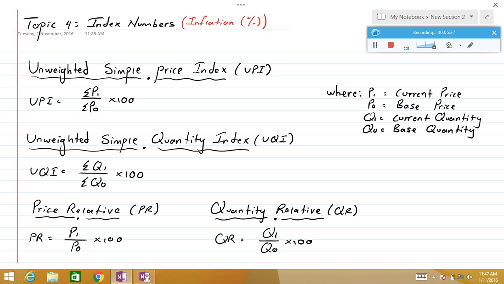But don't get it wrong, guys. Most of my students are getting it wrong. This is not to identify inflation. It's just to identify how much increase or decrease in percentage. But how many percent inflation today? Can we use this formula to identify that? No, we can't. That is an economics formula.